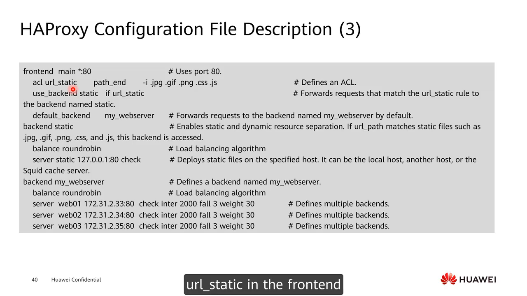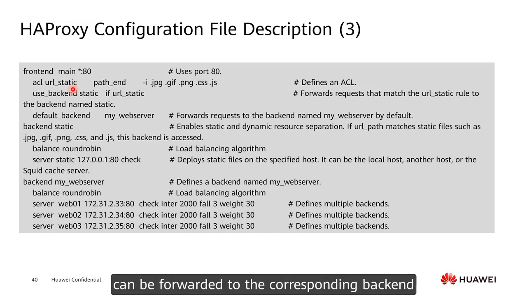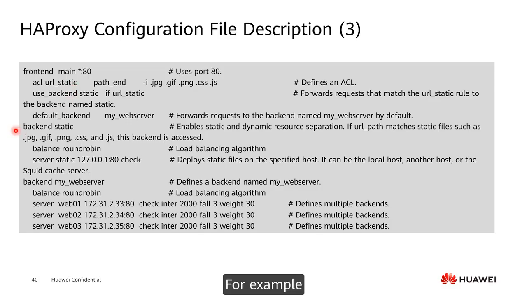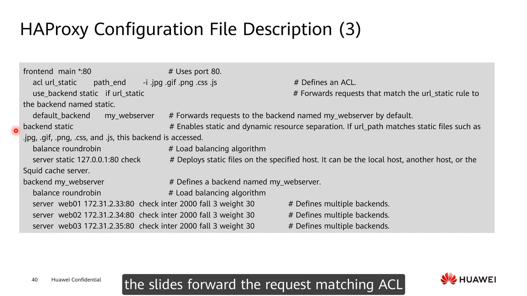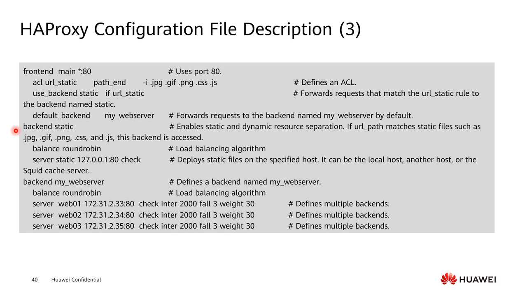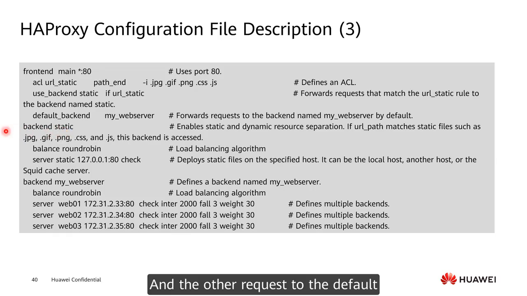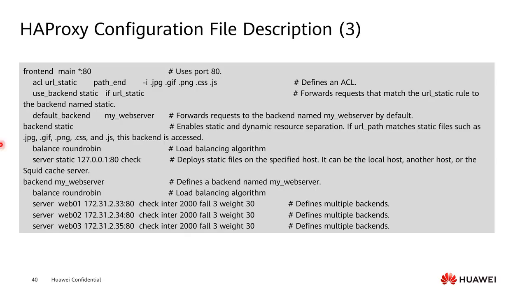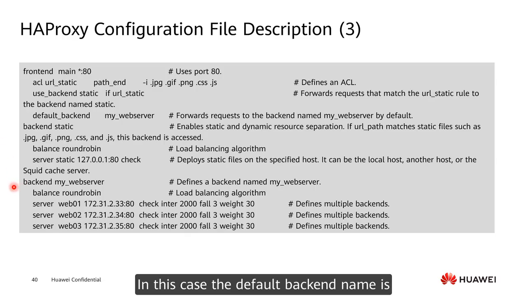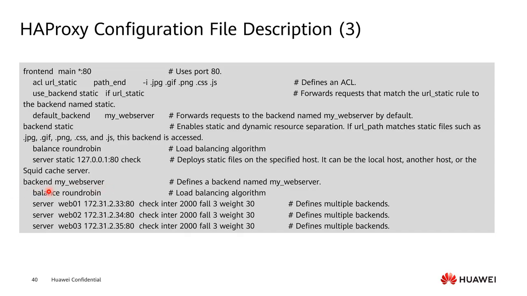In the frontend, the requests matching ACL rules can be forwarded to the corresponding backend. For example, the slide forwards the requests matching ACL url_static to the backend named static, and the other requests are forwarded to the default backend. In this case, the default backend name is my web server.